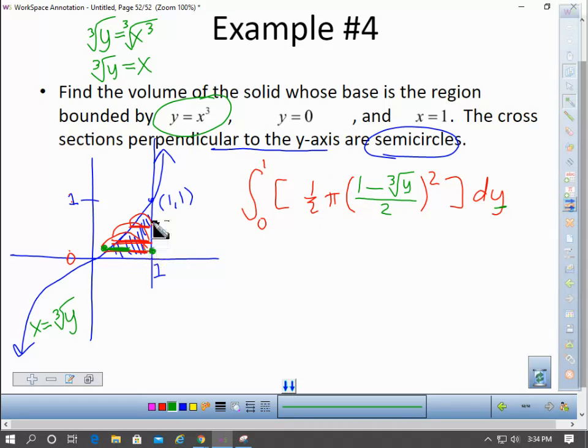So right curve is this vertical line, which is 1, minus left curve, which is the cubic, but we have to put it in terms of y. So this is right curve minus left curve, and we have to take half of that because we only want the radius. So now we have 1/2 pi radius squared.